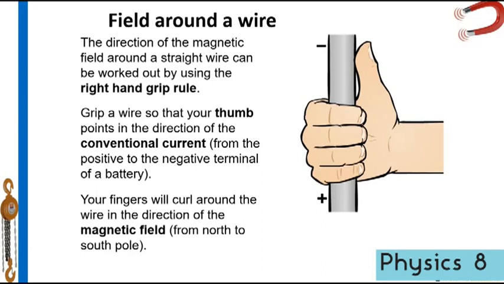In other words, your fingers represent the flow of the magnetic field from the north to the South Pole. And so the right hand grip rule gives you the direction of the magnetic field around a straight wire.